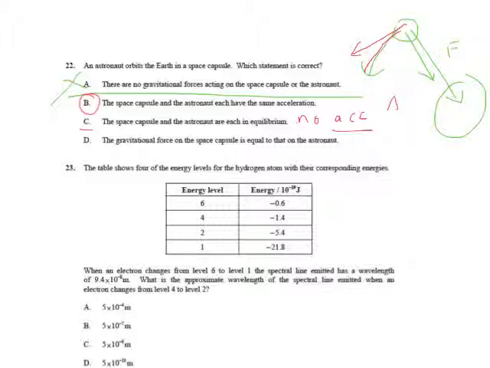So because we have a constant change in velocity, because of the direction, we must be having acceleration, and that must be because there's a resultant force. So it can't be C. And D, the gravitational force on that space capsule is equal to that on the astronaut. It's the same type of force, but the actual magnitude would be equal to the mass times the field strength. So the forces would be different.